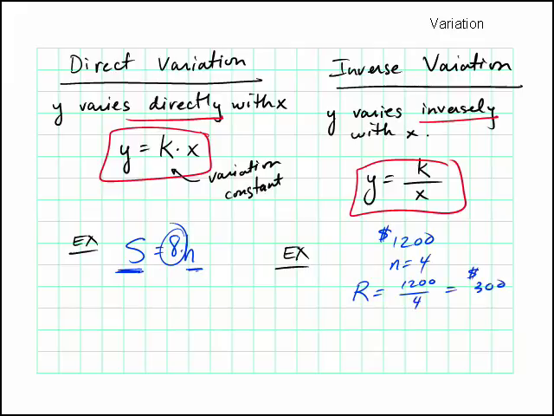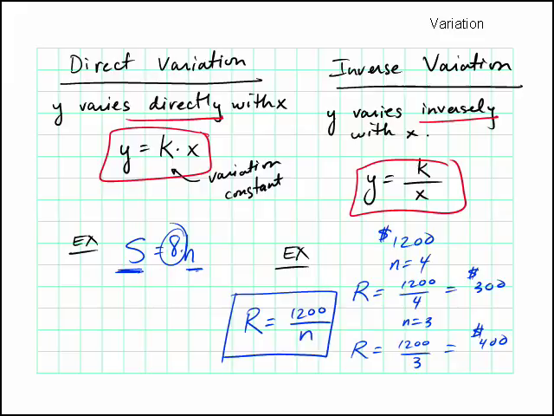If, on the other hand, there were only 3 people, then each person would have to pay more rent. They'd have to pay $1,200 divided by 3. They have to pay $400 each. So in general, the amount of rent that each person would have to pay would be $1,200 divided by the number of roommates. And notice that it's division. It's K, there's my K right there, over the variable n. So that's inverse variation.